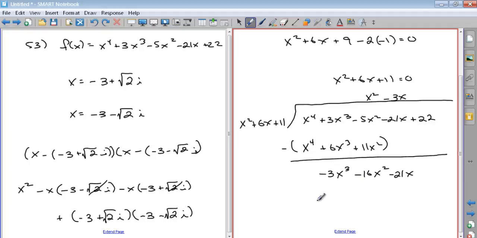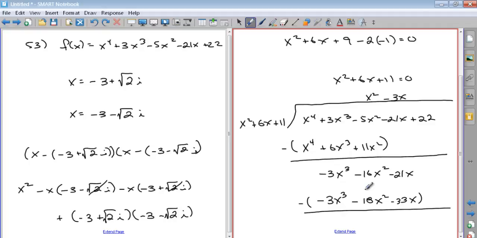So we'll get negative 3x cubed there. Then you have negative 3x times positive 6x, that's negative 18x squared. And negative 3x times 11 is negative 33x. Okay, but we're really subtracting that.